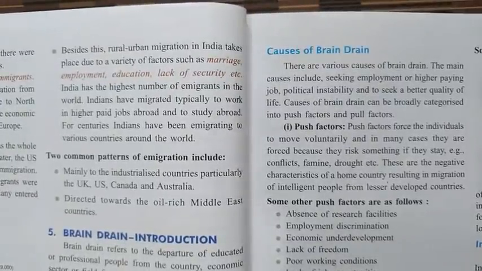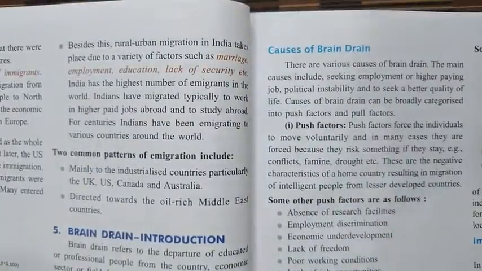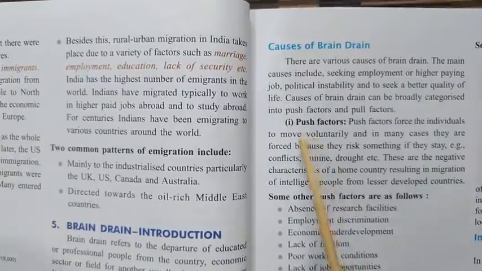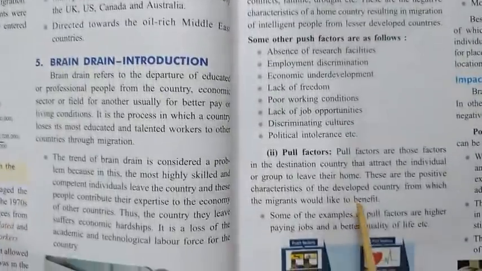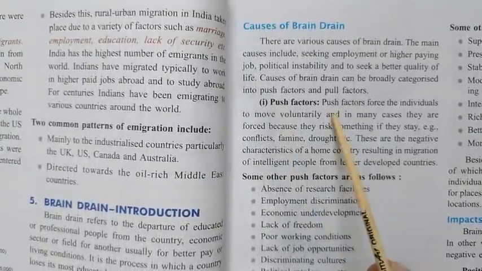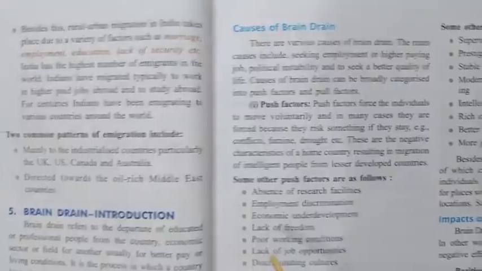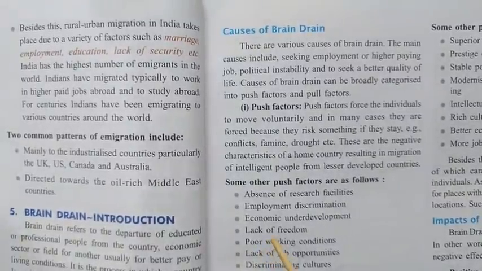Usually brain drain has how many causes? There are two causes. The first cause is the push factor, and the second cause is the pull factor. So let's see the push factor. What is the push factor? Suppose I'm taking the example of India.